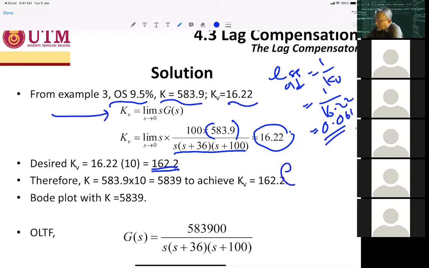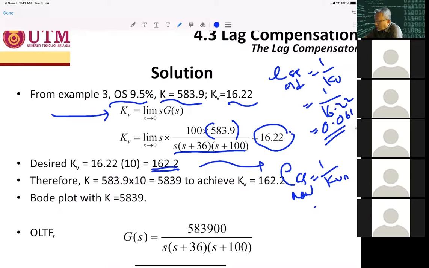Then the new one will use the new KV, which is 162.2.